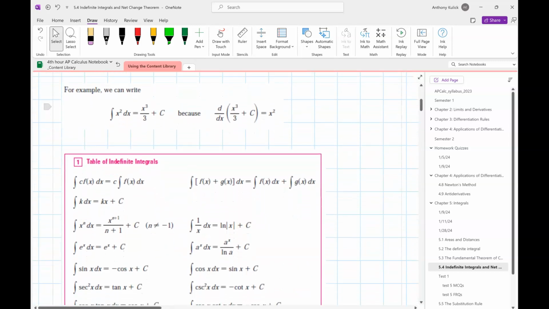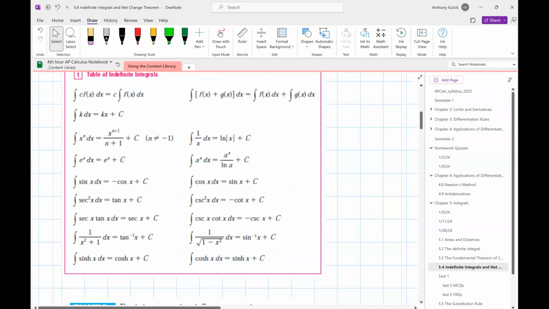Now we're just going to information dump a bunch of formulas here. Should you memorize these? Yes, but guess what? You already memorized them because all they are is your derivative shortcuts in reverse.